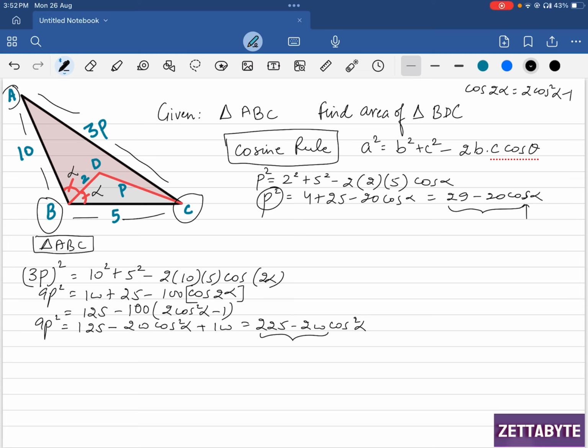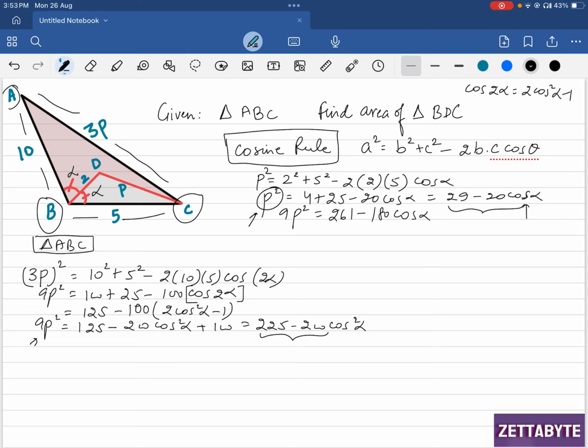There could be a possibility that we will be able to take out cos alpha by simply equating the two, since here also we've got p square. Why shouldn't I multiply this p square by 9 to make it 9p square? 9 9s are 81 and 9 2s are 18. 18 plus 8 is going to be 26, so 261 minus 180 cos alpha.